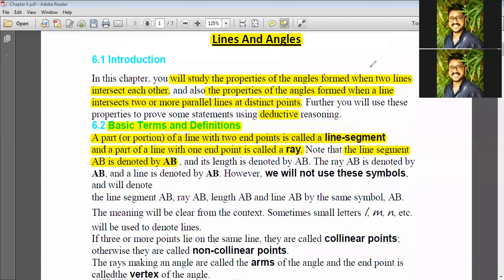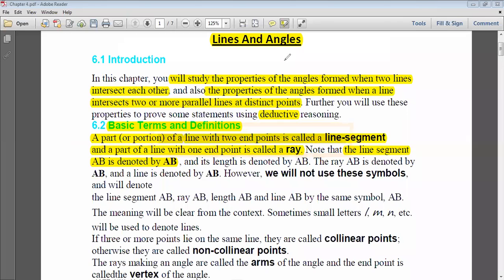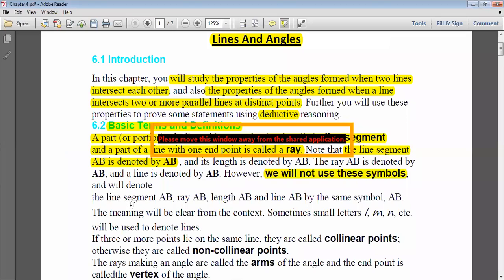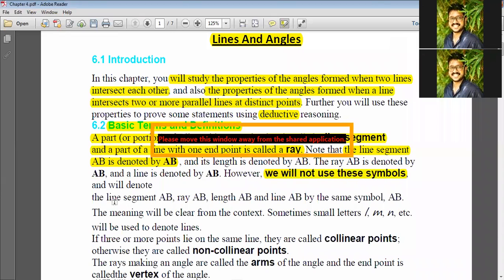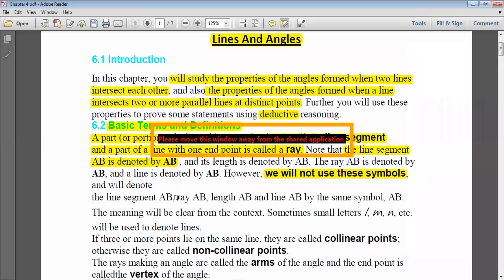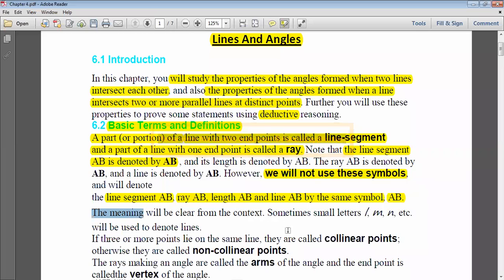But the important thing is that in this chapter, we won't use these symbols. Instead, ray AB, length AB, line AB, we will all denote by the same symbol, just AB only, and the meaning will be clear from the context.